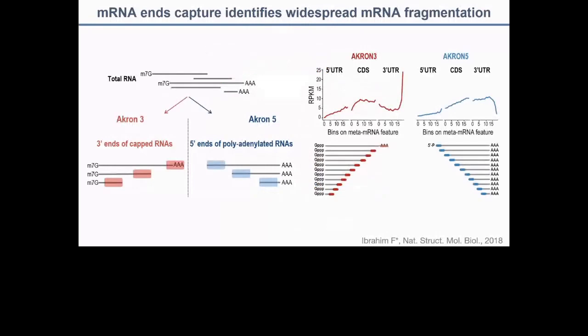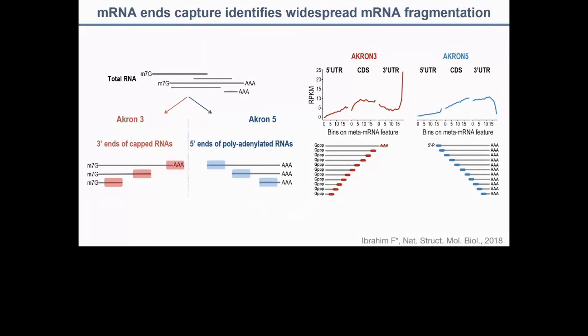Now, a few years back, we were very interested in capturing the RNA state, the exact state that RNA exists in within cells. We were very focused on seeing how the 5' and the 3' ends of the RNAs are defined and how they might be regulated.